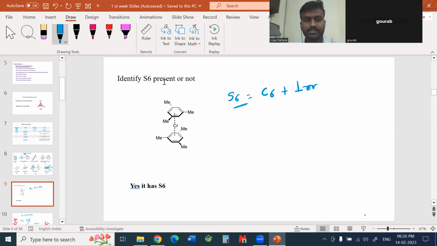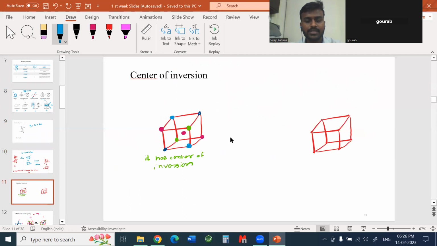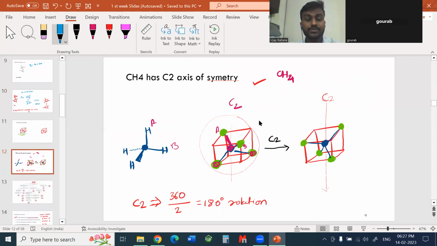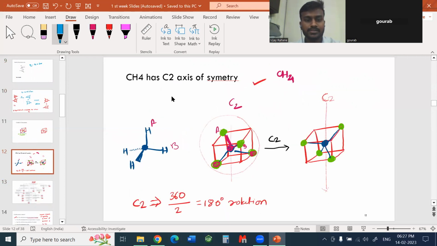We discussed in the first week how this S6 axis is present in this molecule, and many other examples also we studied, like center of inversion in the cube system, and how the C2 axis is present in the methane molecule. These all things we have covered in the first session.